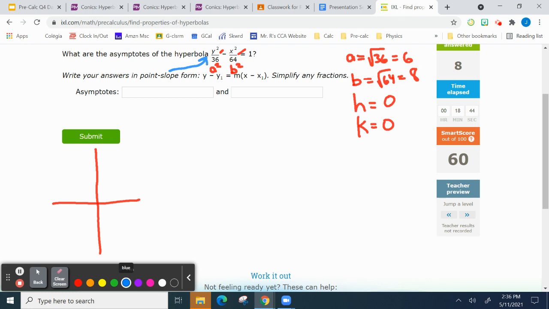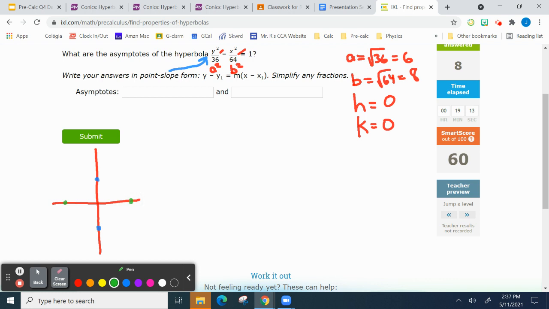So a is going to be 6. The center is 0, 0, so we can just go 6 up and 6 down from 0. But that doesn't mean it's always going to be that, right? So I'm going to call that 6 up and 6 down. And then b is going to be 8 to the left and the right. So we'll put a b right there and a b right there.